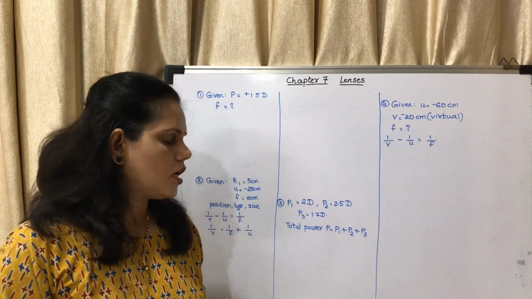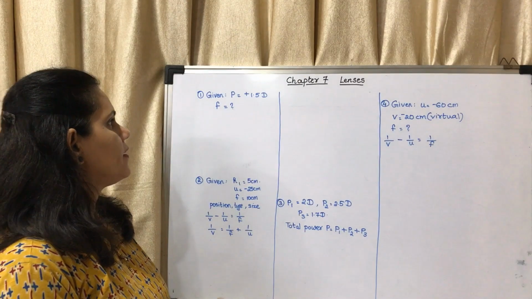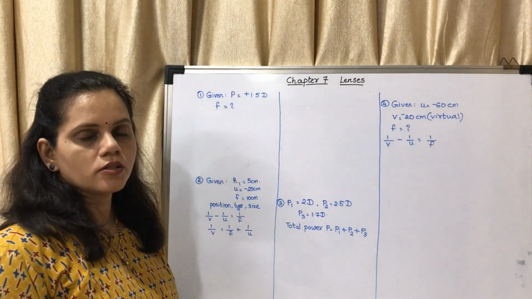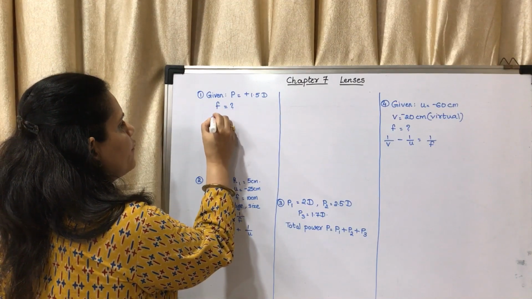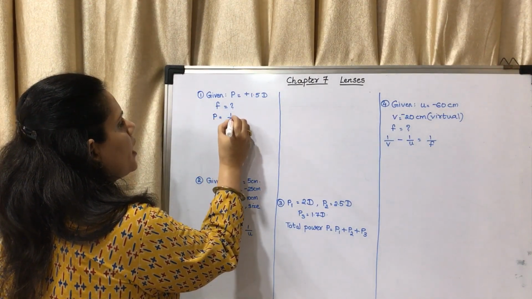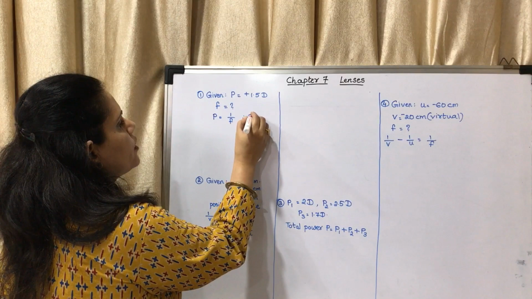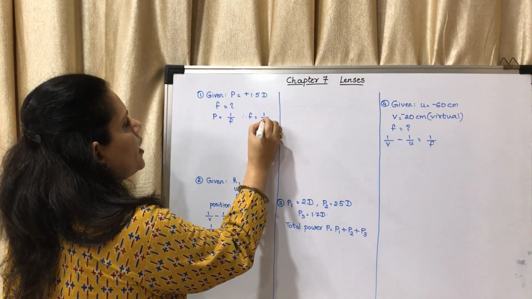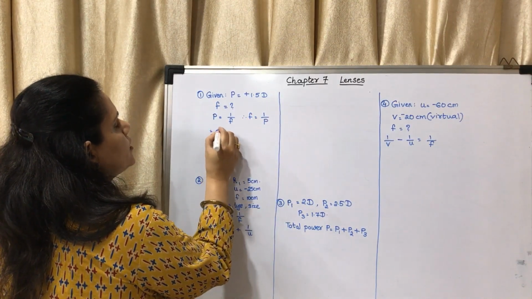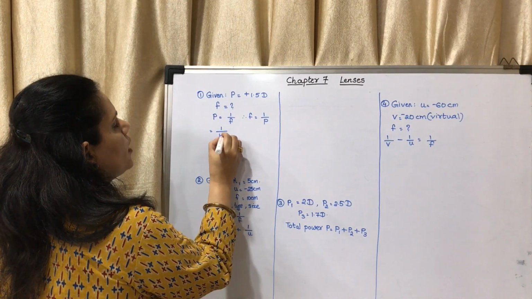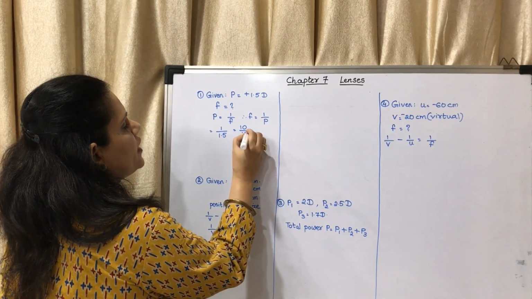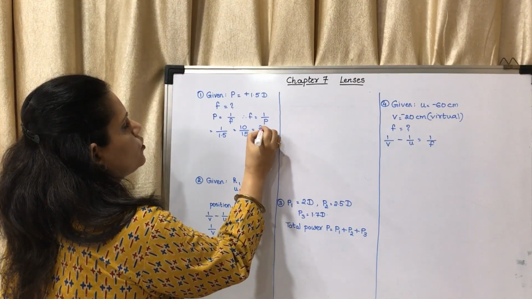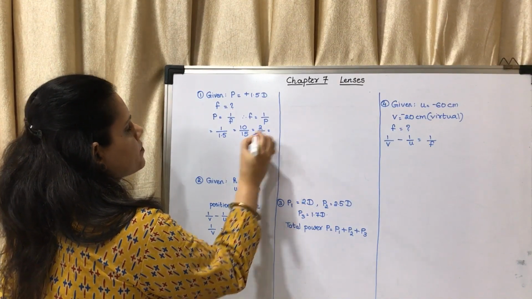That is the question. So the power is given as positive 1.5 D. Now you have to find out f. P is equal to 1 upon f, therefore f is equal to 1 upon P. So it is equal to 1 upon 1.5, which is equal to 10 upon 15, which is equal to 2 upon 3.